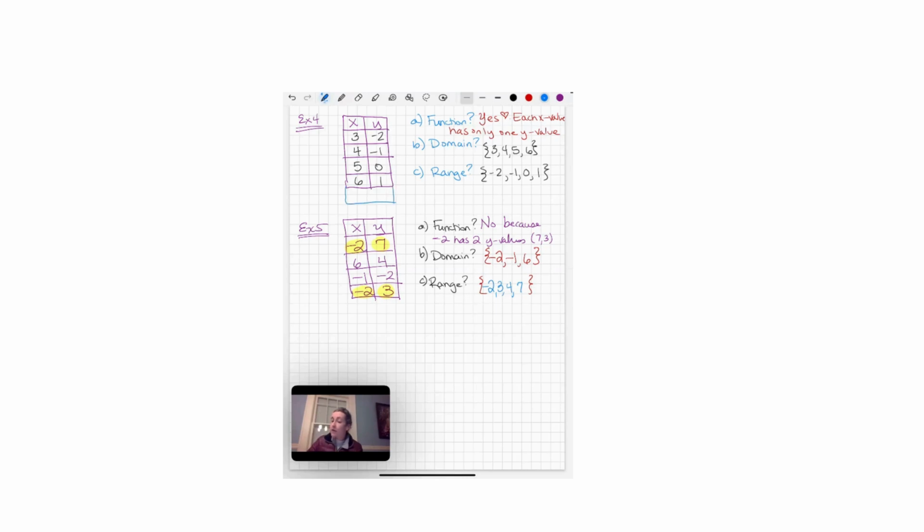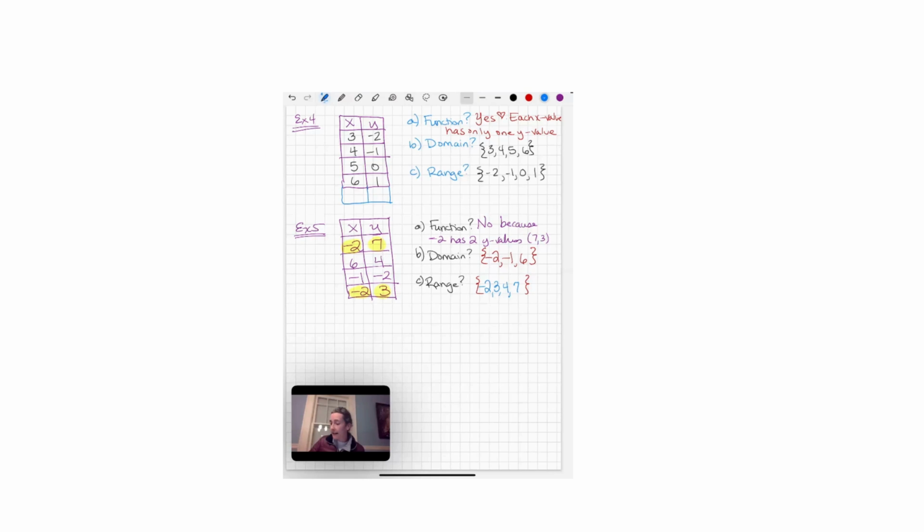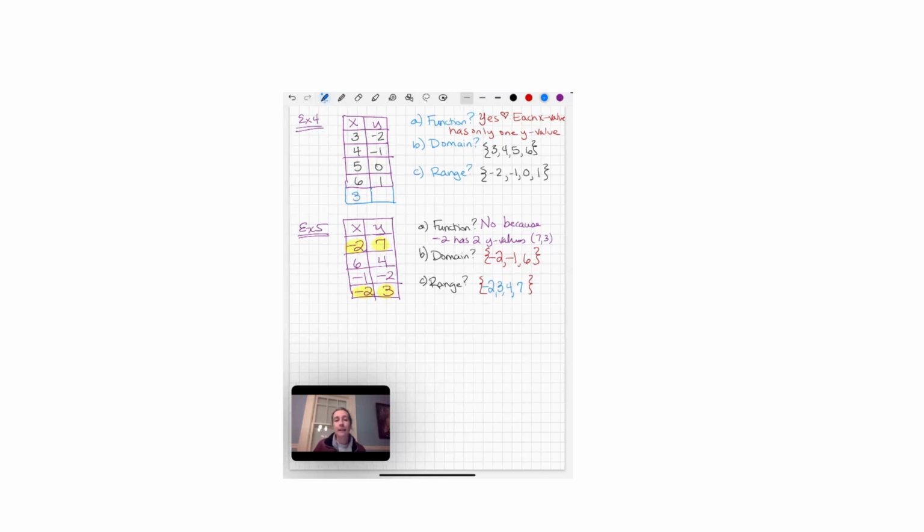What I used to do to make sure my students understood is repeat one of my inputs, like 3, but make it match to the same output, -2. It is still a function. So be careful. Don't just look for a repeated input, because you could have a sneaky teacher like me. It only fails to be a function if the same input matches with different outputs.